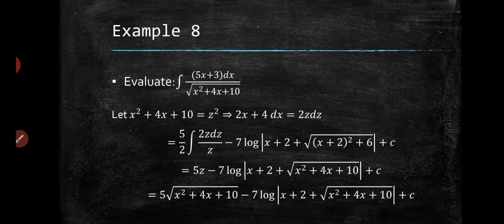So z gets cancelled, 2 gets cancelled, and you are left with integration of dz. That becomes z. But what was z? Obviously you took x square plus 4x plus 10 as z square, so z will be under root of this. So this is 5 into under root of this quantity minus 7 log mod of x plus 2 plus under root of x square plus 4x plus 10.